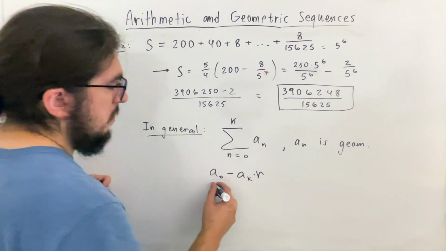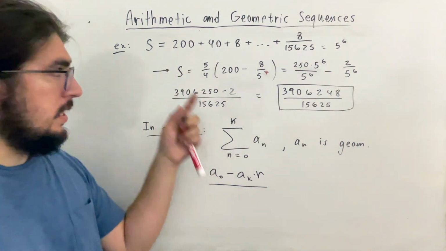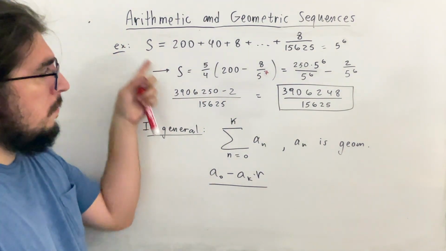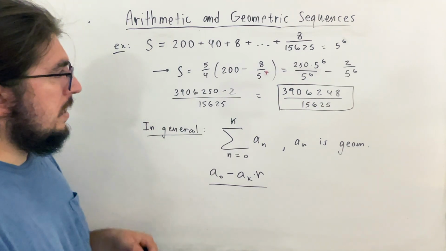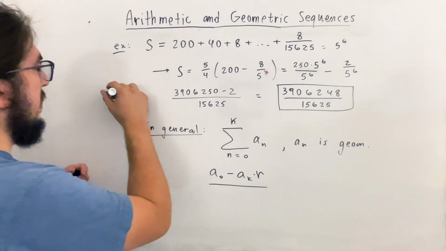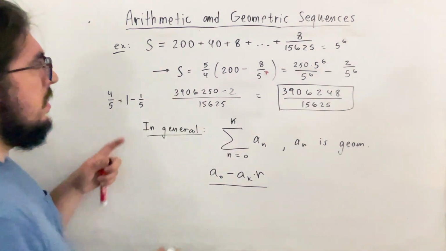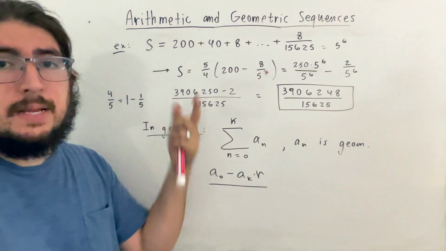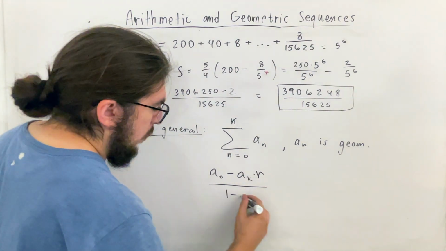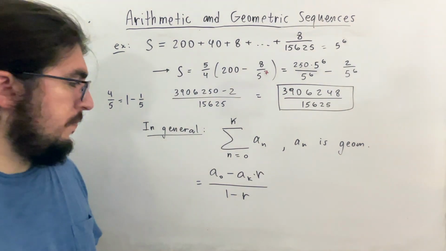All over, we're dividing by 4/5 actually, which we got by doing 1 minus the ratio. So how we got 4/5 is that this is 1 minus the ratio 1/5, because you do s minus r times s, basically. So this is over 1 minus r. So that's what this looks like in closed form.